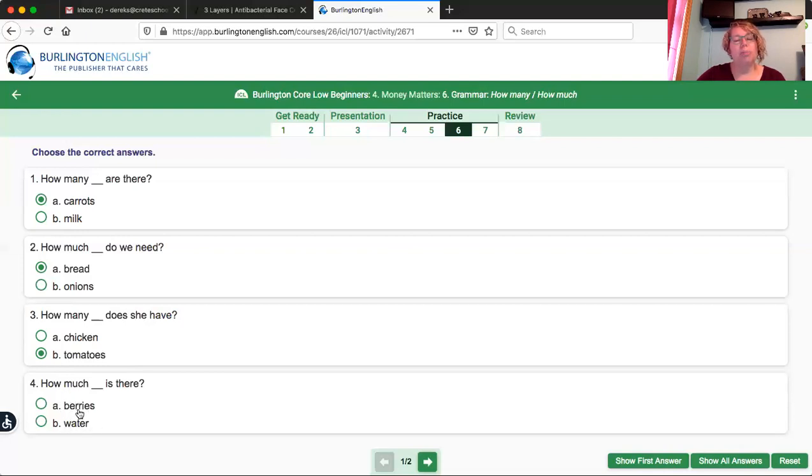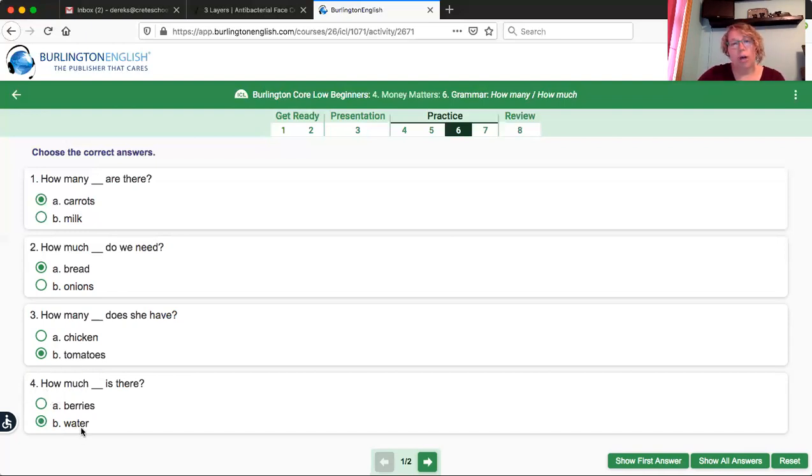How much water? How much is not a counting question. It is different. So can I count berries? Yes. 1 strawberry, 2 strawberries, or 1 raspberry, 2 raspberries. Water? Can I count 1 water, 2 water? No. So it is a non-counting word.